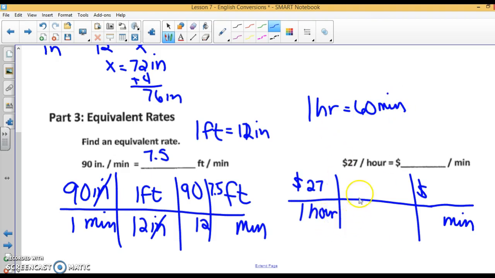So this hours is in the denominator. We got to put 1 hour up here and 60 minutes down here. The hours cancel out because we're dividing. We multiply straight across. We'll have 27 over 60. But when I divide that, 27 divided by 60 is 45 cents per minute.